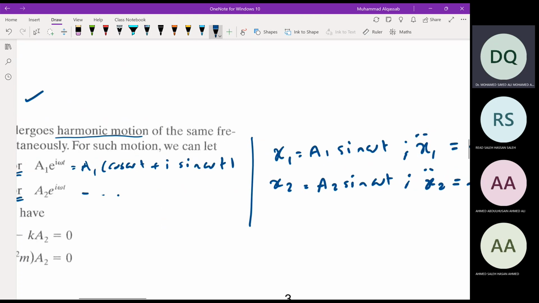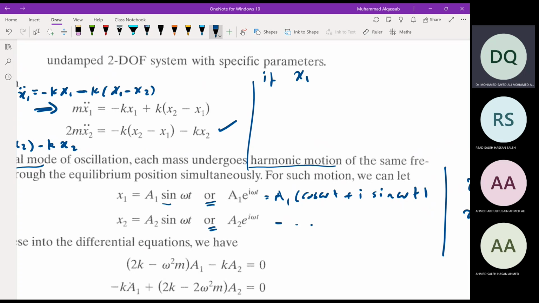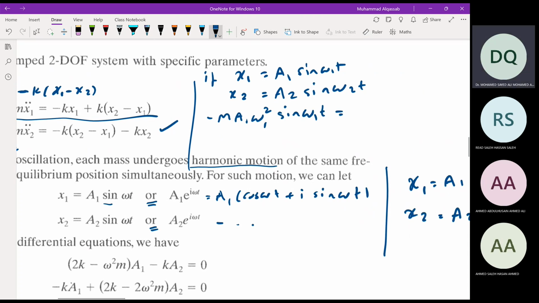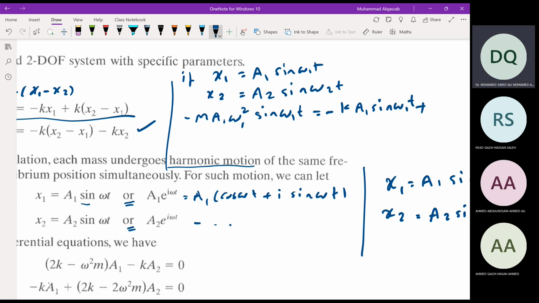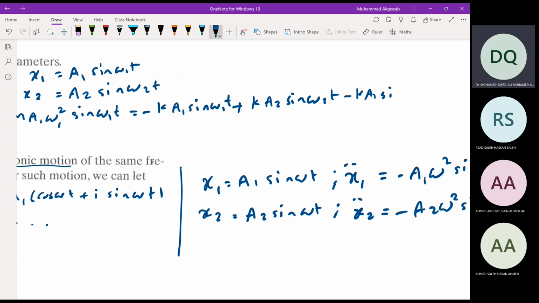For example, if you assume that x1 is A1 sine omega 1 t and x2 equal to A2 sine omega 2 t, and substitute in the first equation, you will get minus m A1 omega 1 squared sine omega 1 t equal to minus k A1 sine omega 1 t plus k times A2 sine omega 2 t minus k times A1 sine omega 1 t.